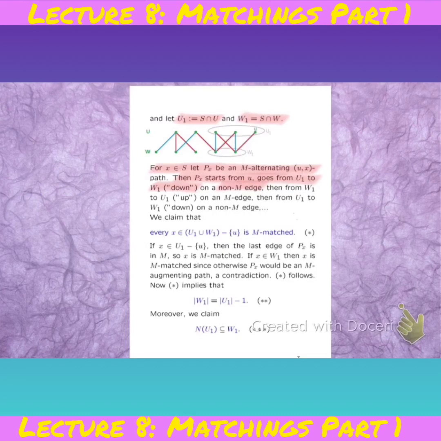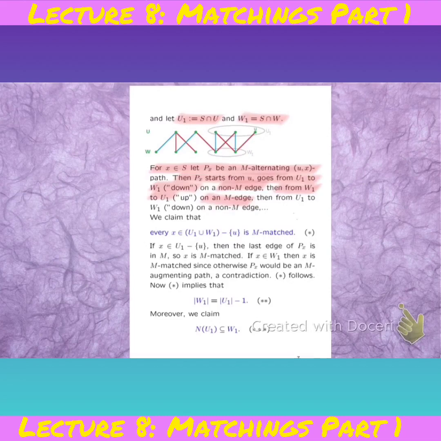from U1 to W1 down on a non-M edge, then from W1 to U1 up on an M edge. So it's alternating: going down, it goes on a non-M edge, and going up it goes on an M edge.